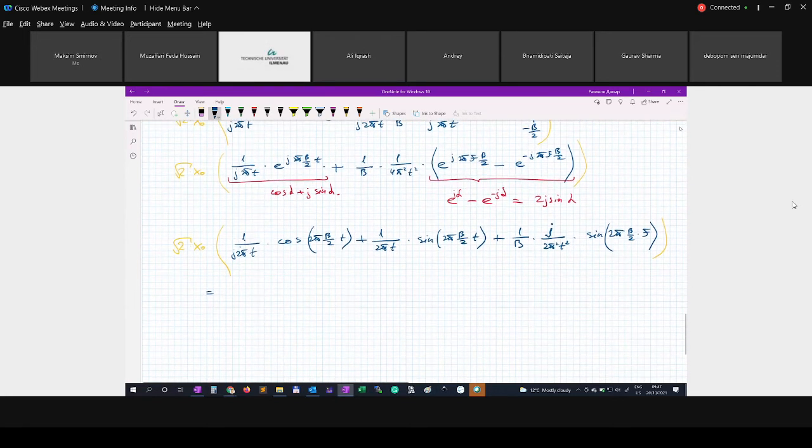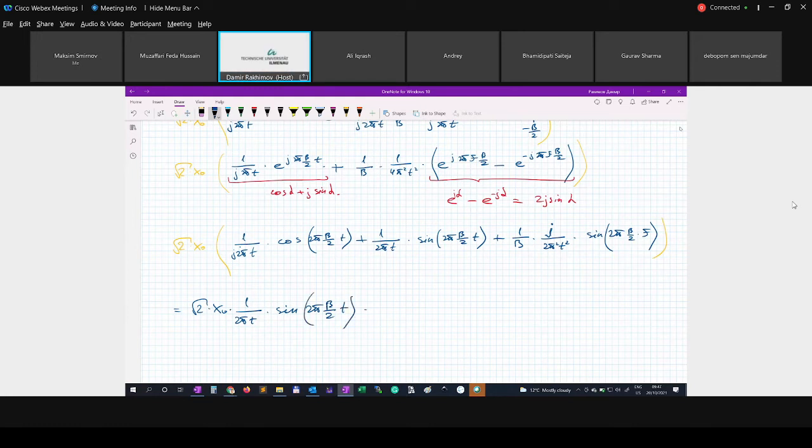Now we can just try to combine real parts and imaginary parts separately. Write them separately. So we have square root of 2x0 times real part 1 over 2 pi t times sine 2 pi capital B over 2t.